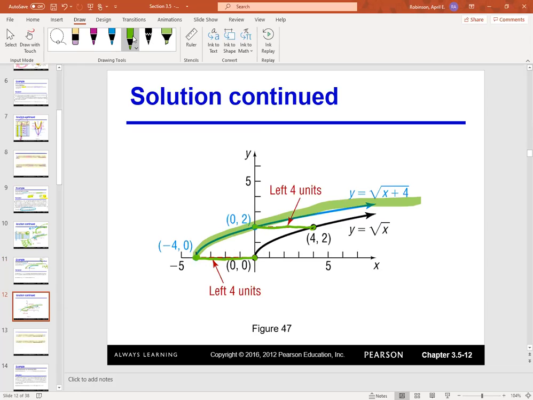Remember, you're trying to shift this graph horizontally, which means that you still want your y coordinate to be 0. You don't want the graph to go up or down. You want it to go to the right or to the left.